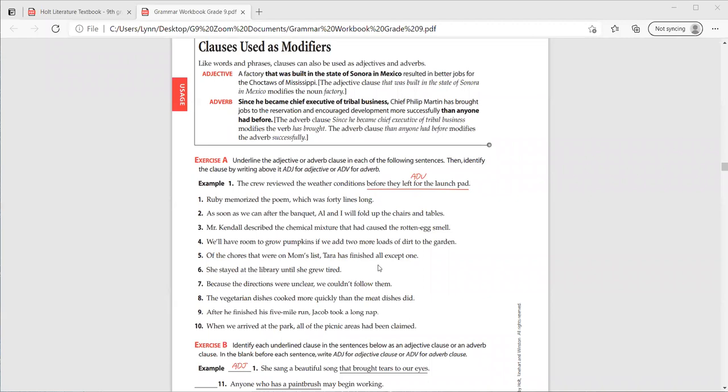For example, positive for wealthy, comparative wealthier, superlative wealthiest. Go down to rapid. Rapid, more rapid, most rapid. Softly, more softly, most softly.